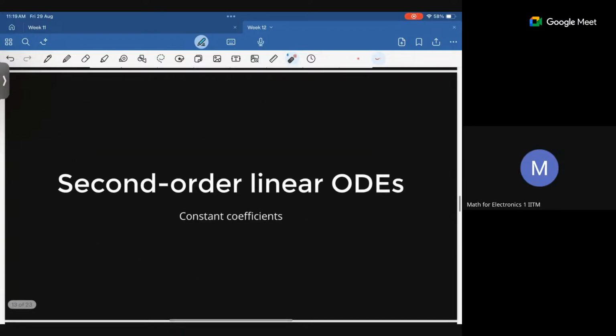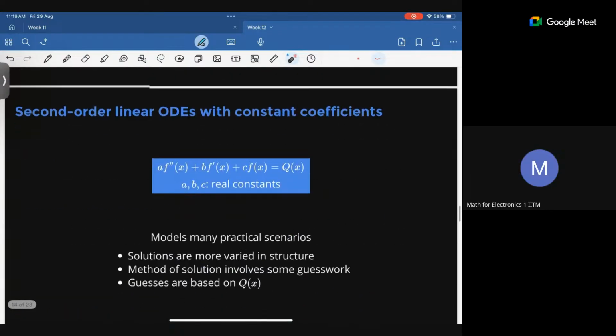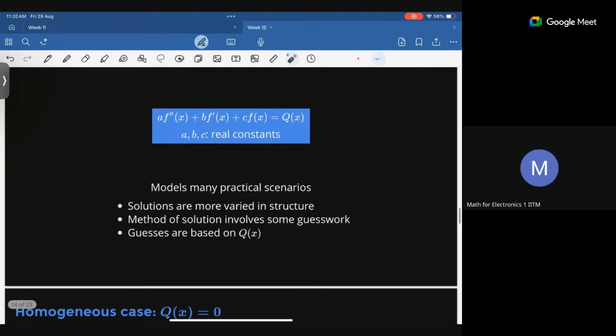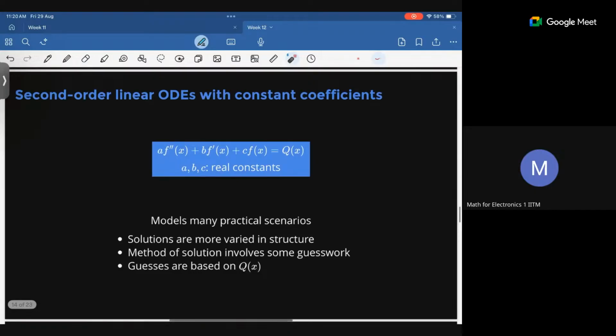Now coming to the second order linear ODEs, as I said, the second order linear ODEs with constant coefficients will have this general form: a f double prime of x plus b f prime of x plus c f of x is equal to q of x, where a, b, c are some real constants. If q of x is 0, then it is a homogeneous second order linear ODE with constant coefficients.